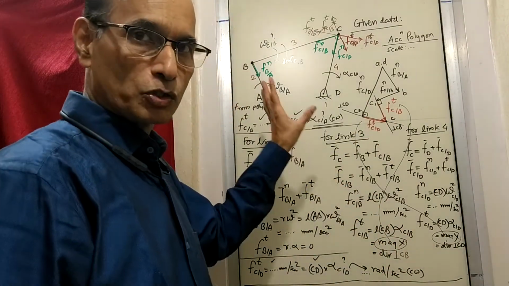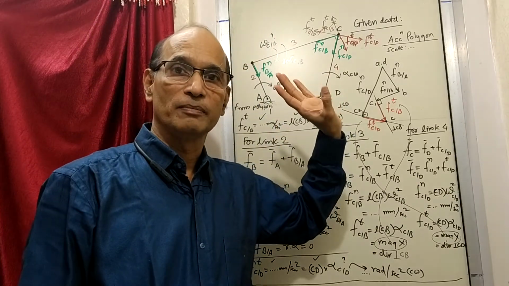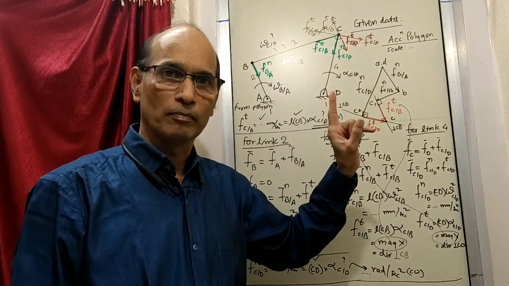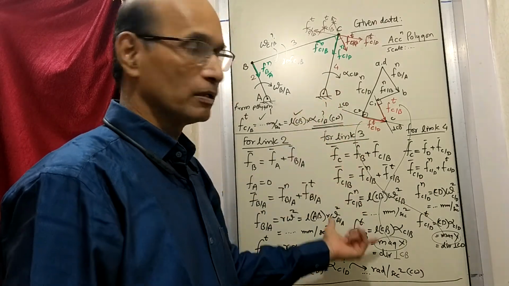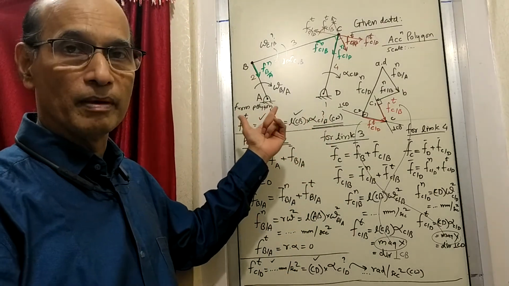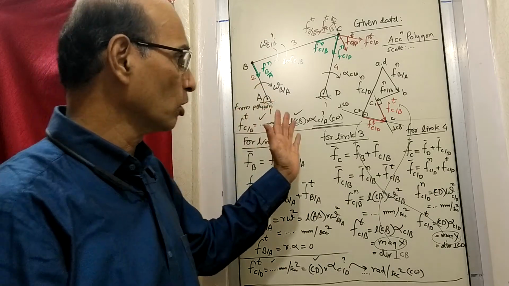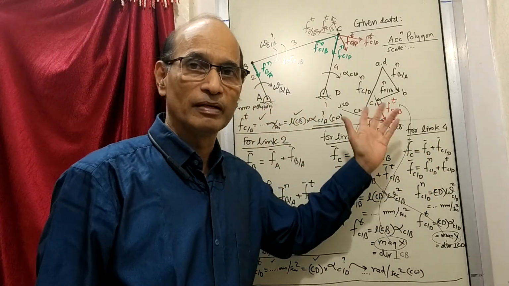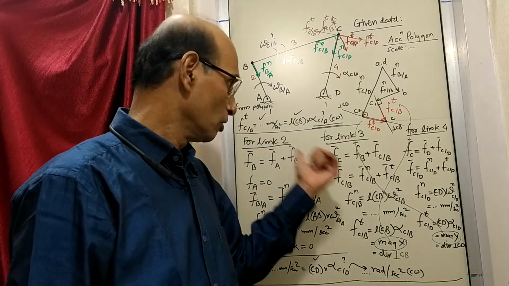So we have solved the first problem which was solved earlier by the velocity polygon method. That same problem we are going to solve for finding out the acceleration like this. Okay, so this is the exercise. You have to remember it very well, and then other problems also we are going to solve on the same lines. Now sometimes there is a slider. In this problem there is no slider, so a slider is something different than what we have done here.